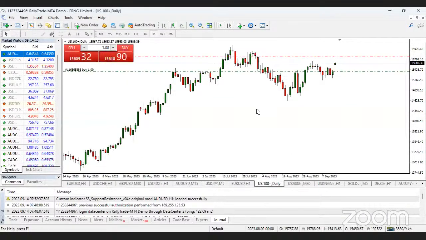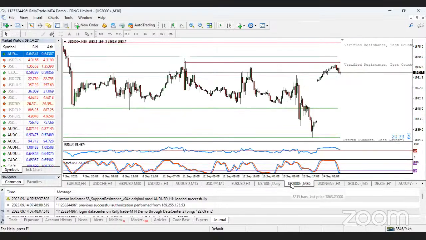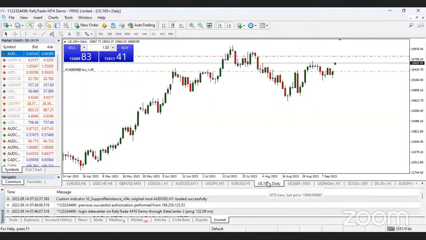All right, so a lot of us that have been trading for the better part of yesterday and this morning have a lot of questions to ask because there's a lot of gap up. I think there's gap up on US 100, also on US 2000, likewise US 500, and I think US 30 also.